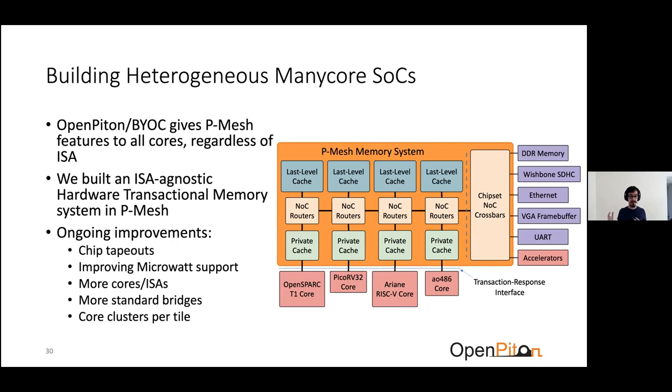Ongoing improvements that we're trying to make, or ways that we want to enhance the system. So we have chip tapeouts in progress. And when I say in progress, I mean very in progress, like the deadline is within days. For one chip, that's a very large scale chip that makes use of some of the capabilities of P-Mesh, not necessarily, well, I suppose it does have some heterogeneous ISA capabilities.